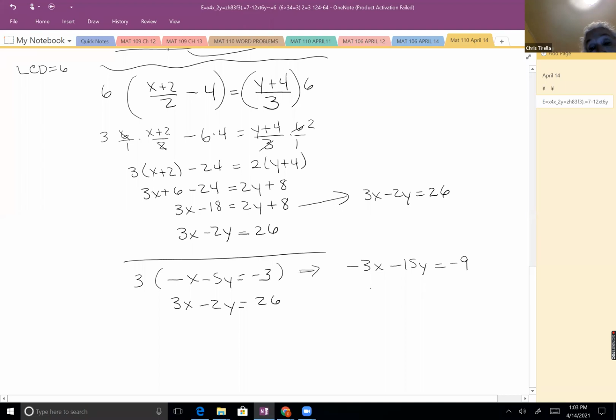The other one is 3x minus 2y equals 26. You see how because the x's are opposites there, when we add, they're eliminated. I get -17y equals 17, and so dividing by -17, I get y equals -1.